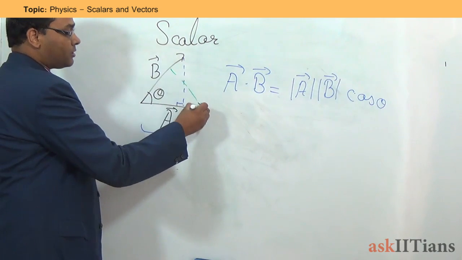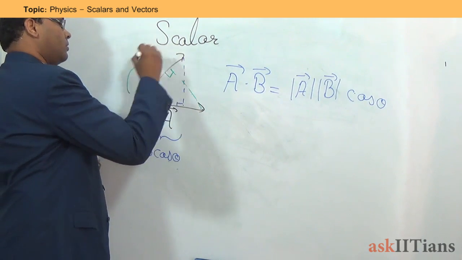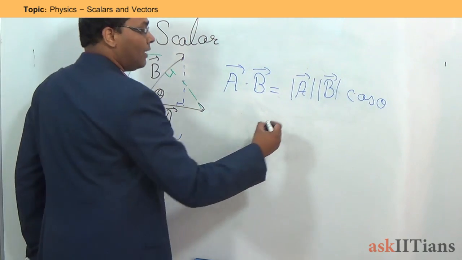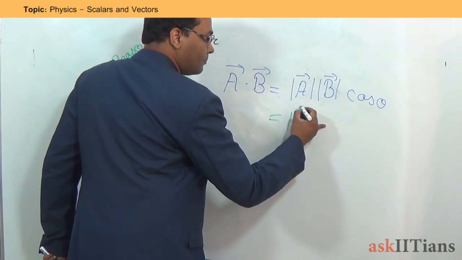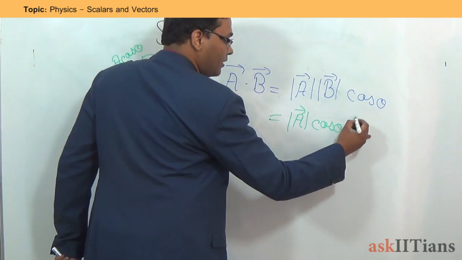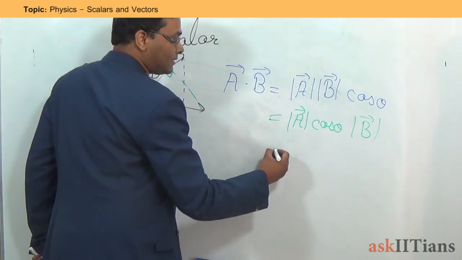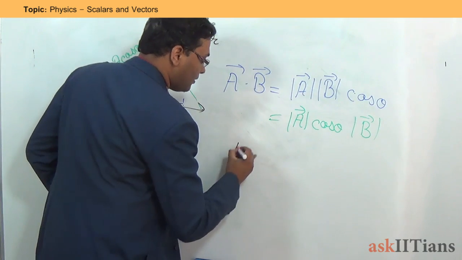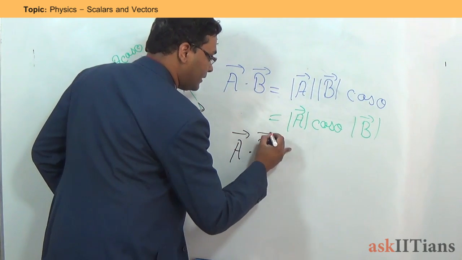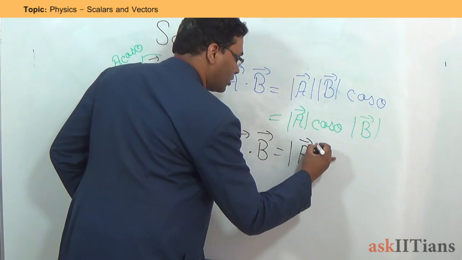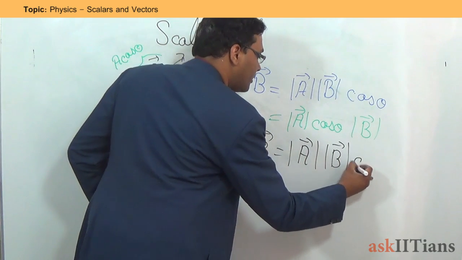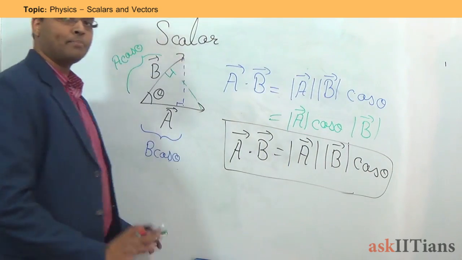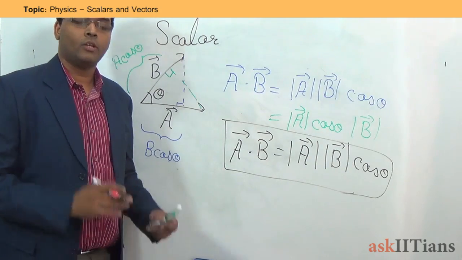If you take a projection of the vector A on B, this becomes A cos theta into B, so I can also write it as modulus of A cos theta into B. The result again comes out to be one and the same thing, that is A dot B is equal to modulus of A into modulus of B into cosine of the angle between the two vectors. This is the formula of the dot product.